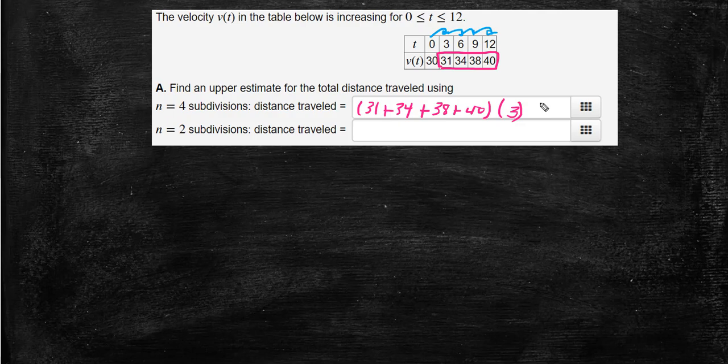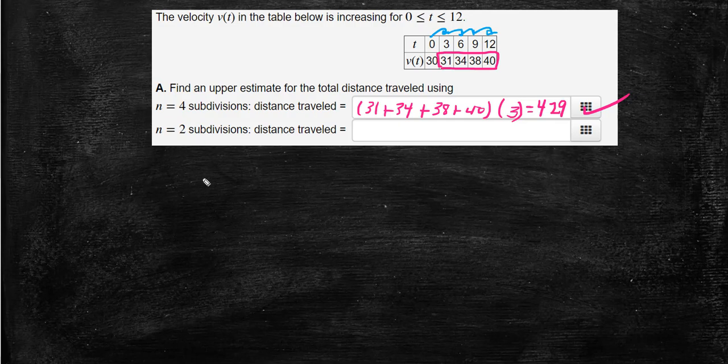If you pick your calculator up and do 31 plus 34 plus 38 plus 40, I get 143, and I multiply it by 3, and I get 429.